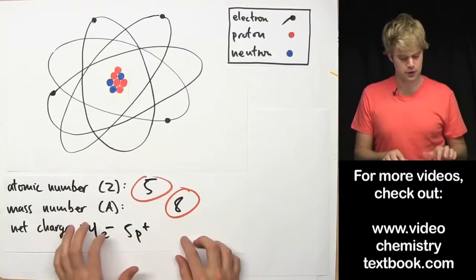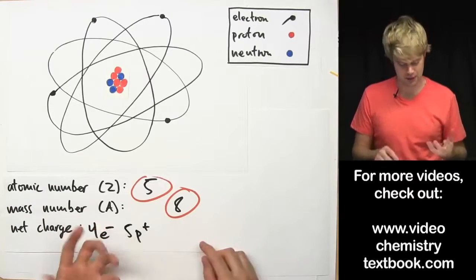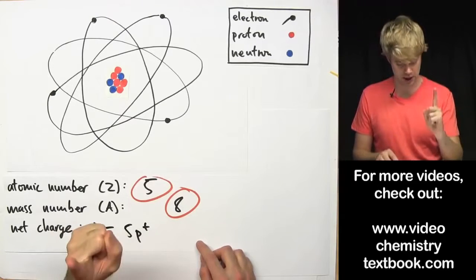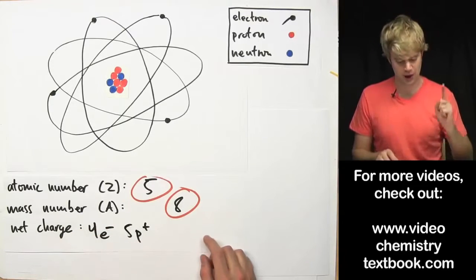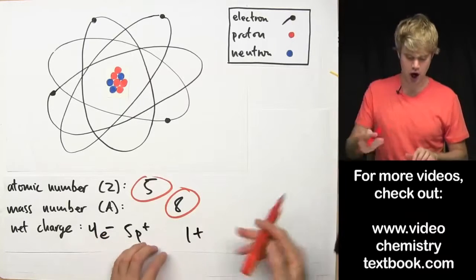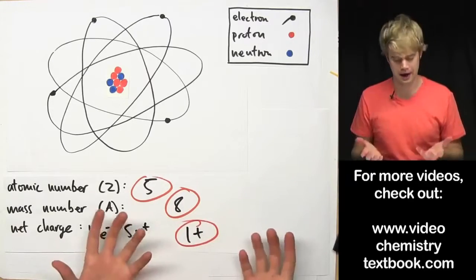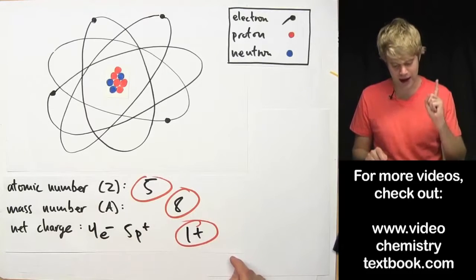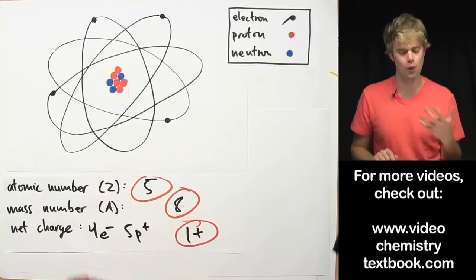So, the protons and electrons don't quite balance out. There is one more proton than electron. So that one extra proton is going to give me a net charge of 1 plus, because each proton has a positive charge. I have one extra proton. Net charge of 1 plus.